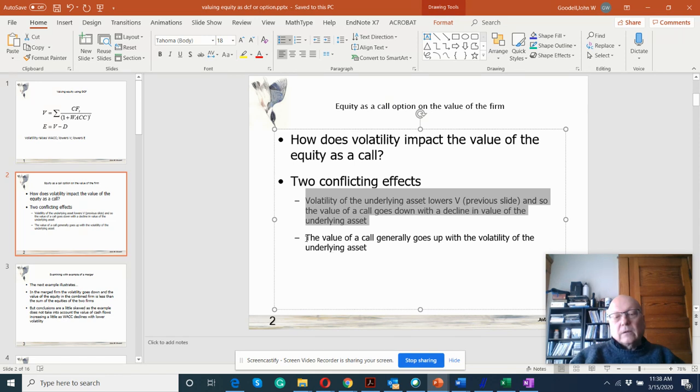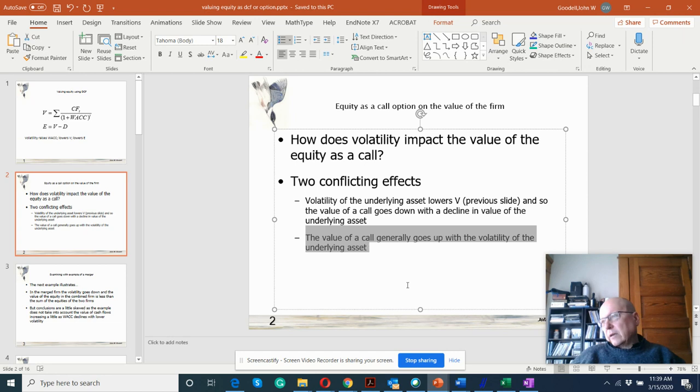On the other hand, volatility raises the value of the call by impacting volatility, which is an input in the Black-Scholes. Generally speaking, this second factor, the one that increases value, is seen as the dominant factor in financial options, right? It is interesting. If you're considering giving out employee stock options as incentives, are you also incentivizing greater risk taking and so on?